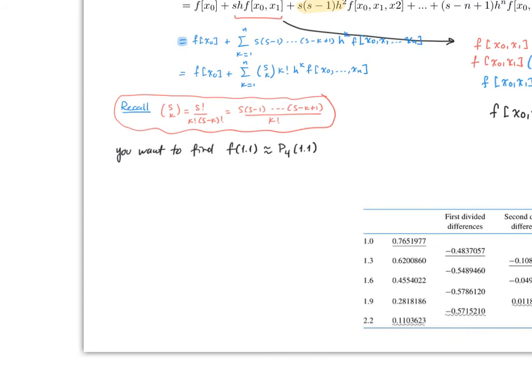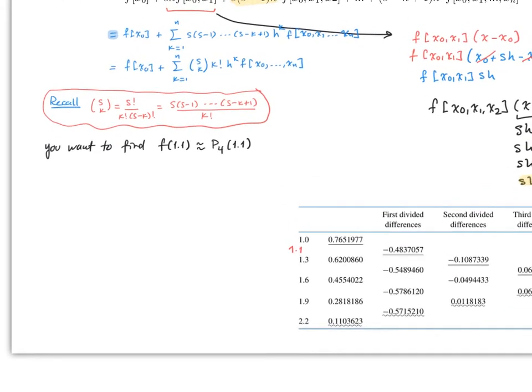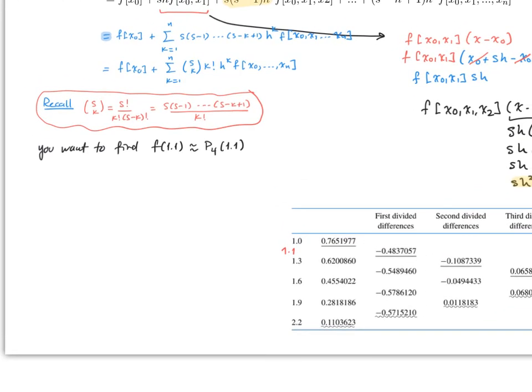Notice that 1.1 is somewhere here. The reason this method is called forward is that the number you're trying to approximate comes early in the approximation, and you move forward. You're going to use all the values to approximate this.